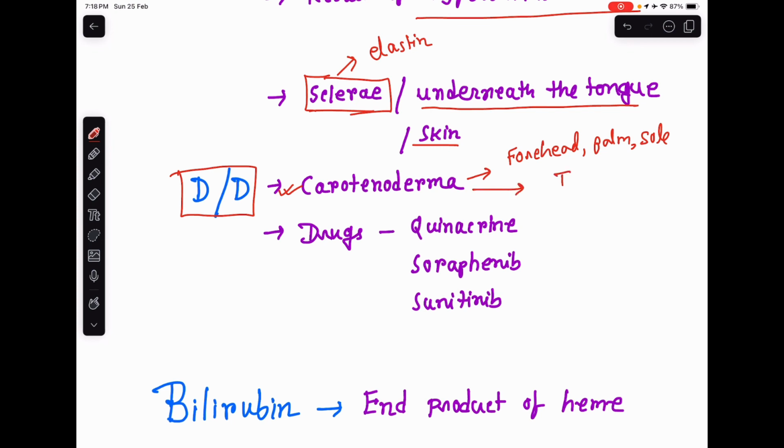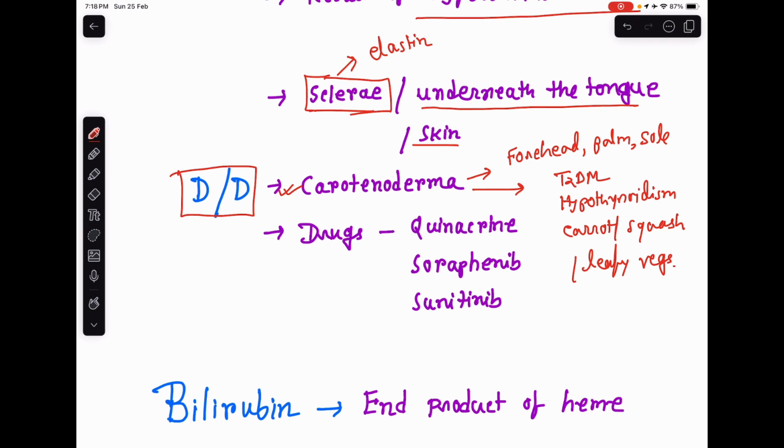Carotenoderma is seen in cases of type 2 diabetes mellitus, in cases of hypothyroidism, and also in cases of excess consumption of carrot, squash, and other leafy vegetables.